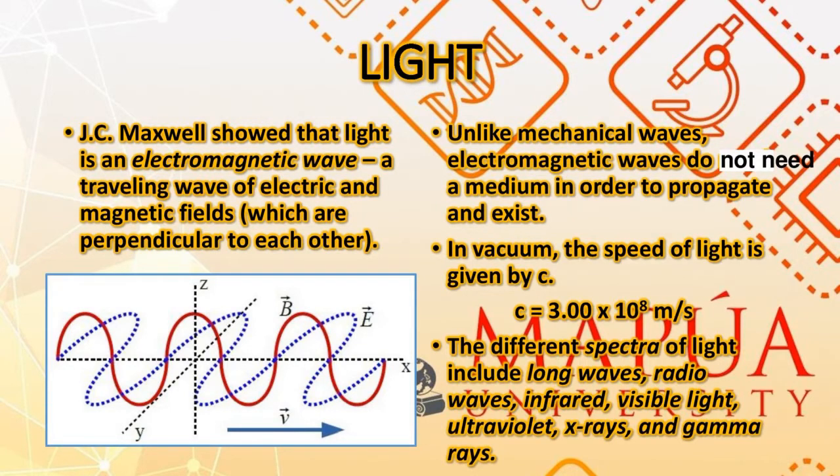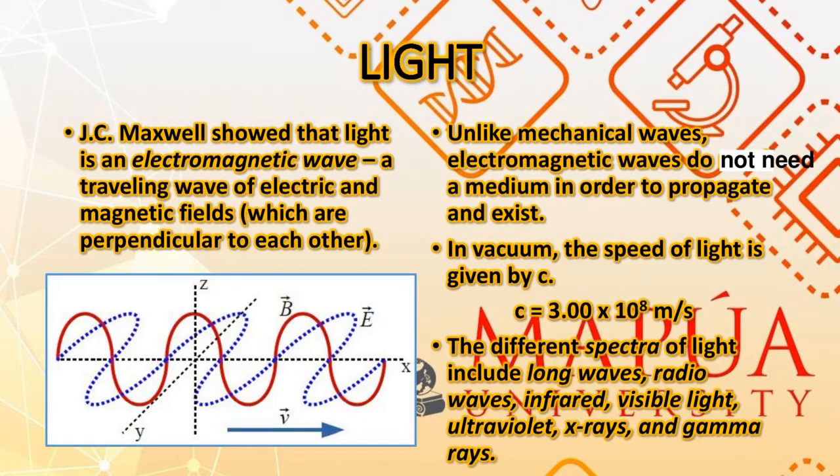Electromagnetic waves are basically a traveling wave of electric and magnetic fields coupled together and perpendicular to each other. It has been shown that light is an electromagnetic wave. Therefore, as far as our course is concerned, the two are interchangeable, light and electromagnetic wave.